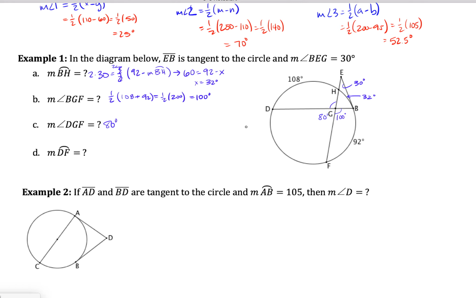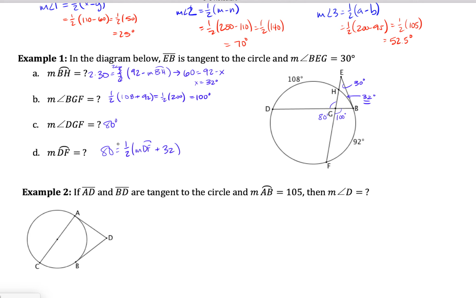Now next we have arc DF that we're supposed to find, and we're going to be back to theorem 9-9 here, because I know that this 80-degree angle has to be half of arc DF's measure, plus this arc's measure BH, which we already found to be 32. So it's half of DF plus 32.